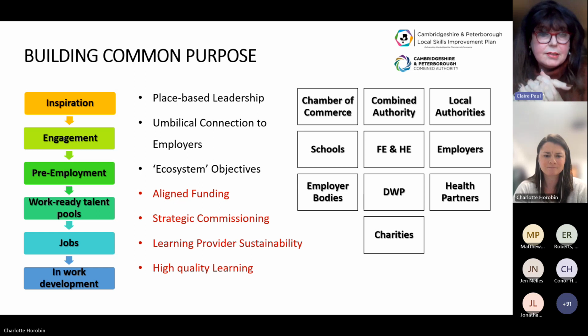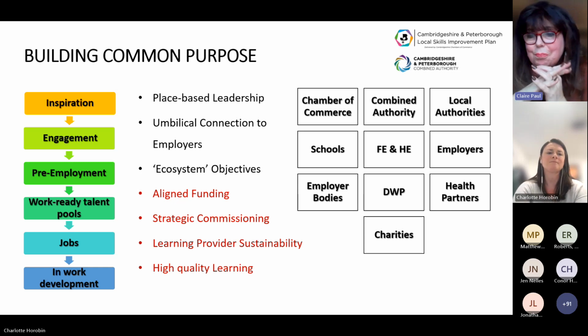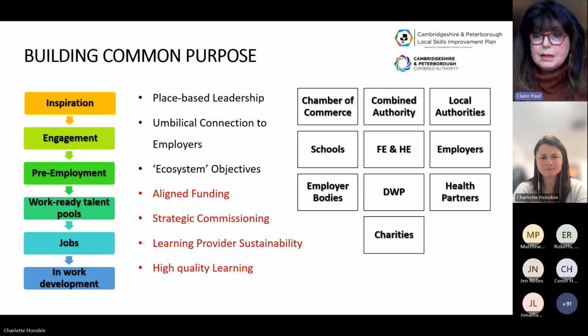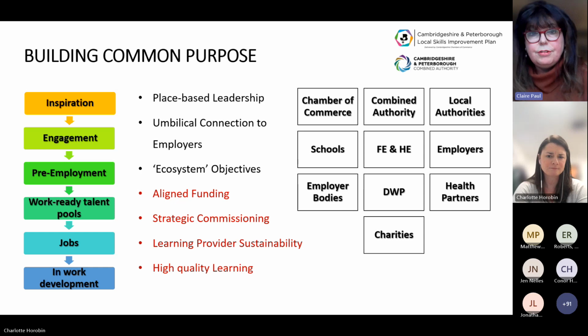On the left-hand side, what we've described, it's not perfect science, but it's what I call the talent value chain, the skills value chain. If we want to get this right, what things have to work together so there are no gaps? Particularly when we come to social mobility, people from less advantaged backgrounds, those first three, the inspiration, the engagement and the pre-employment opportunities, the things that we know to get people a foot on the ladder, they are critical. And then how do you develop that ladder through?